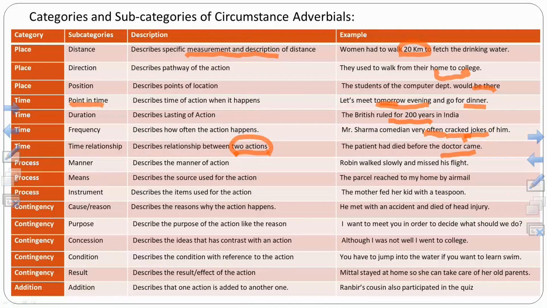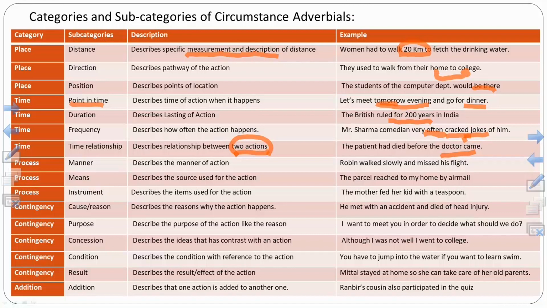Now, process. In terms of processing things, the manner, means, instrument. So these are the three things we need to keep in mind when we discuss the process. Now it describes the manner of action. Robin walked slowly and missed his flight. The manner of action. Why?